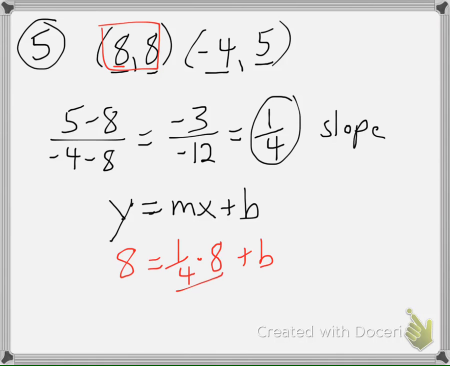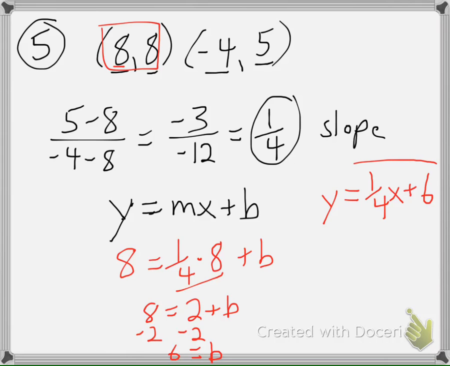So 1/4 of 8 is 2. Subtract 2 on both sides, and I get 6 equals b. So then my equation now is going to be y equals the slope times x plus b, which we've just found was 6. So the equation for this line is y equals 1/4 x plus 6.